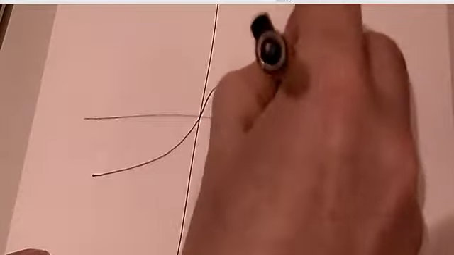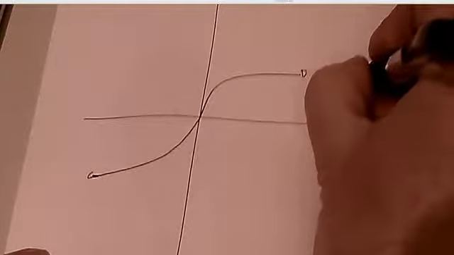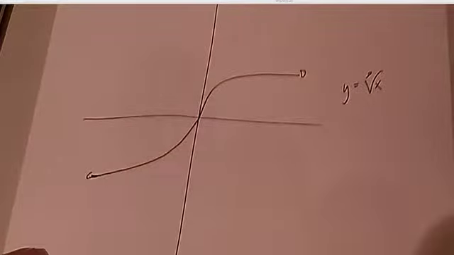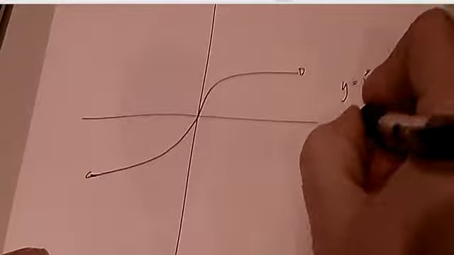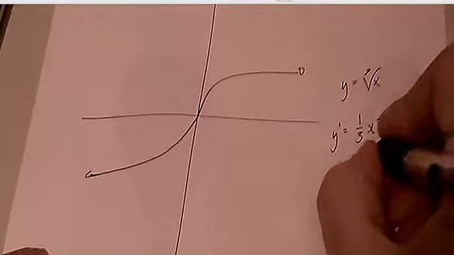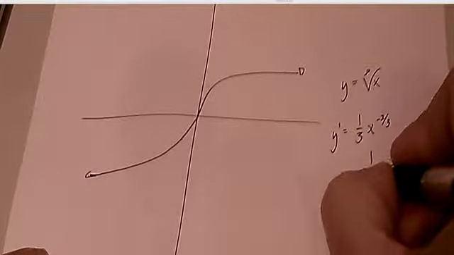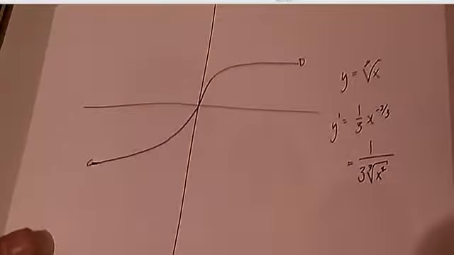And let me go ahead and give you a counterexample for it being undefined, okay? Well, let's just go ahead and take the inverse of that particular function up there. y is equal to the cube root of x. Well, y prime is equal to 1/3 x to the negative 2/3, or of course 1 over 3 times the cube root of x squared.